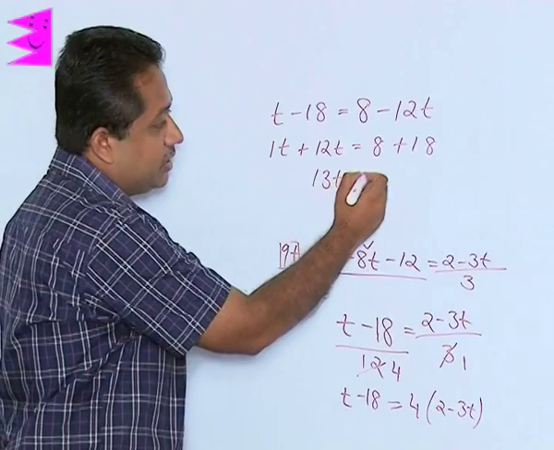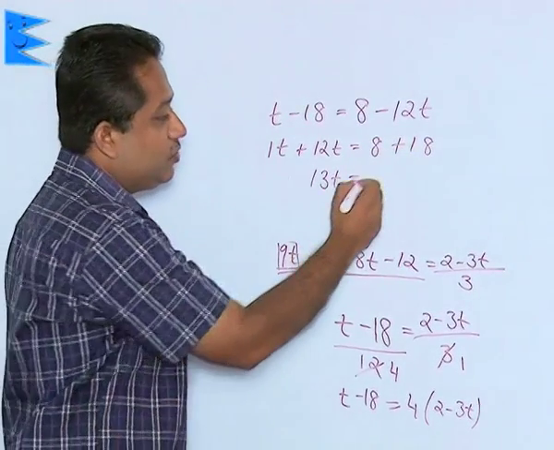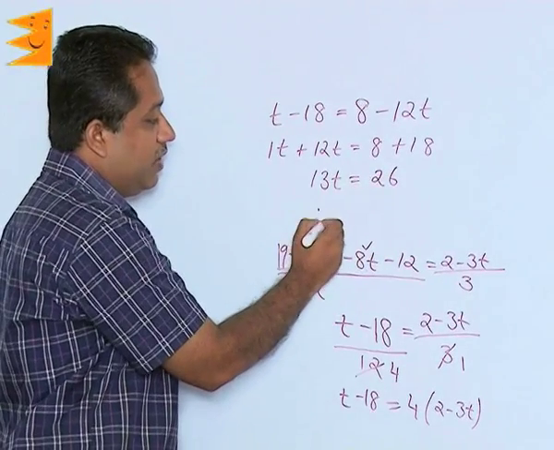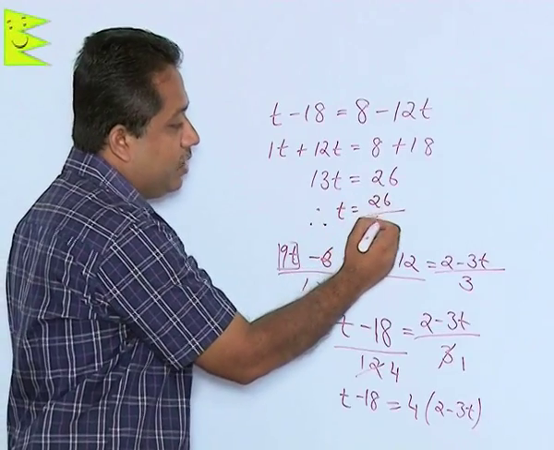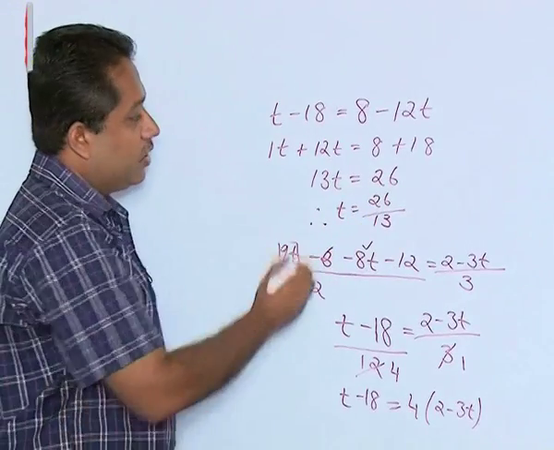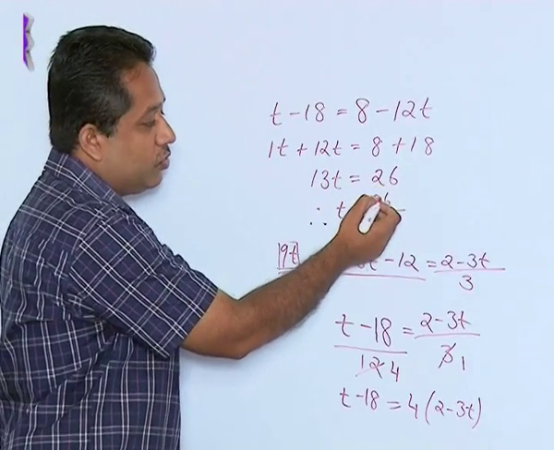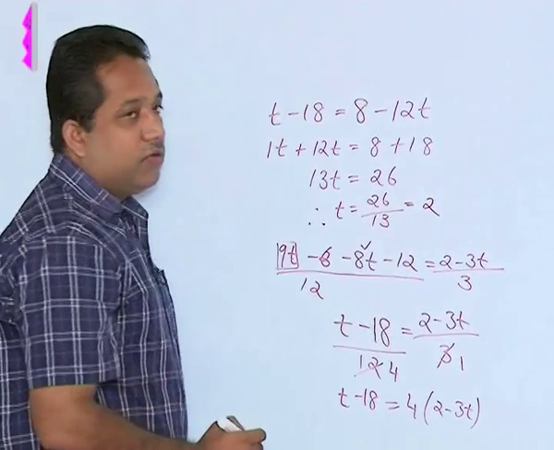On the RHS, 8 plus 18 is going to give us 26. Therefore, the final value of t will become 26 divided by 13. Whatever is the number along with t goes in the denominator. So, 26 upon 13, you cancel that, and we get the final value of t as 2.